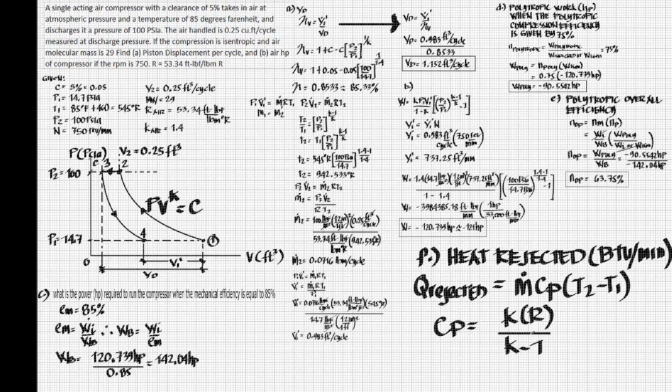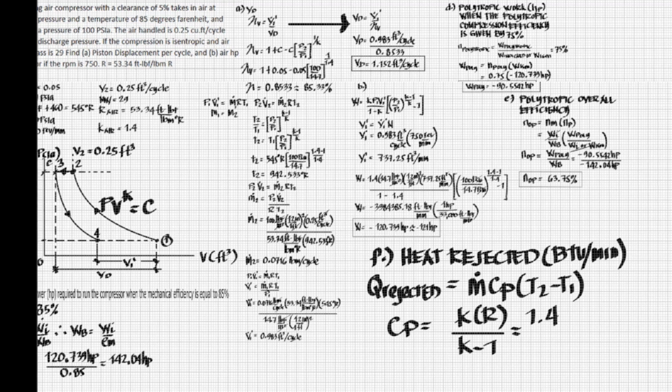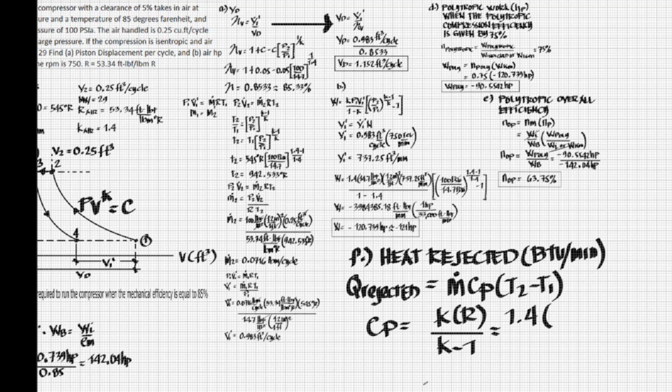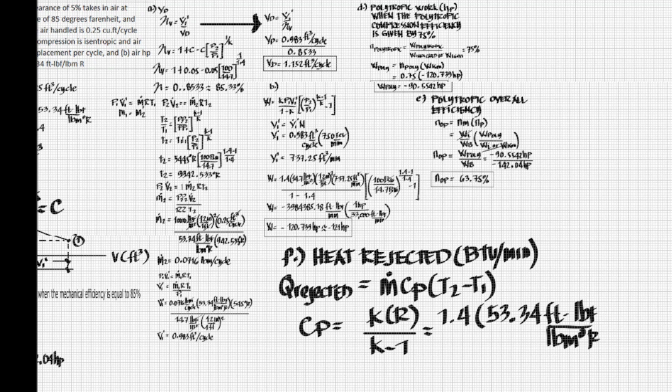Our K will be 1.4, and this is being multiplied by the R of the air, which is given in the problem already. That will be 53.34 foot pound force per pound mass degree Rankine.